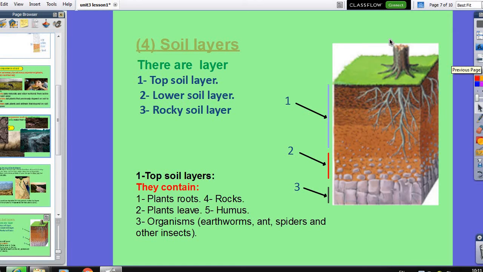The soil layers: we have the top layer, the lower layer, and the rocky layer. The top layer contains plant roots, plant leaves, rocks, humus, and living organisms. All of these occur in the topsoil layer.